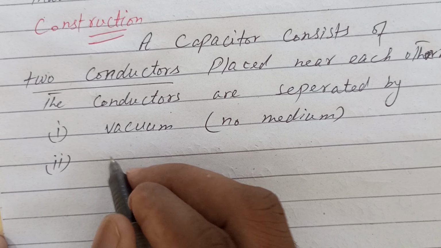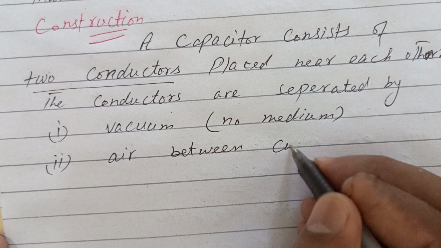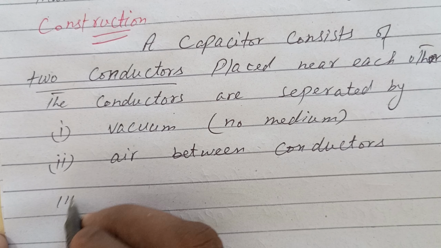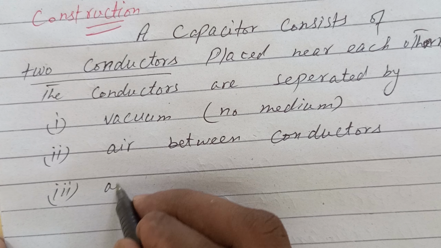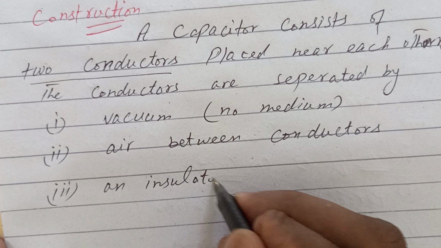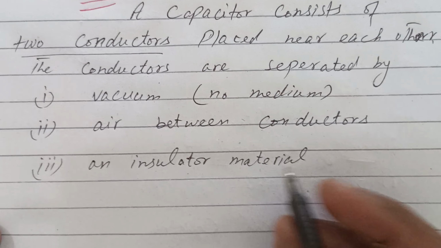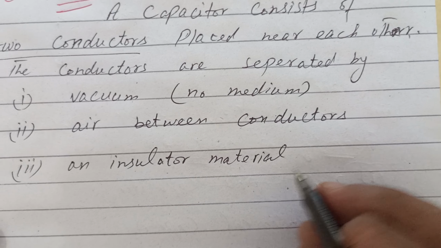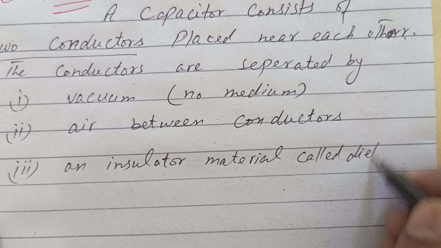Or there can be air between plates, between conductors, or there can be an insulating material or insulator material, and that insulator material which is placed between the two conductors is called dielectric.